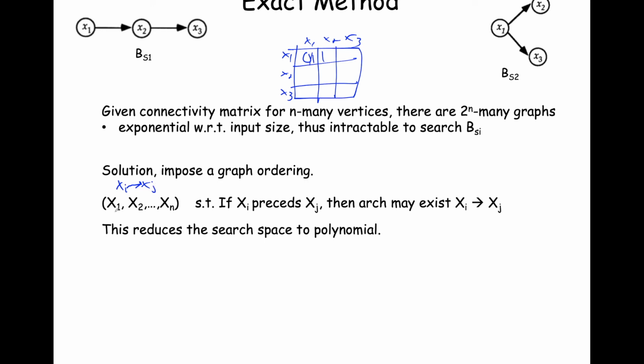And so this idea is that the nodes that are closer to the root of the tree are on the left, and the nodes that are closer to the leaves of the tree are on the right. And so things on the right-hand side of this ordering are causally dependent on things on the left-hand side. And so when you do this ordering, your search space reduces to polynomial instead of being exponential in the number of nodes in your graph.